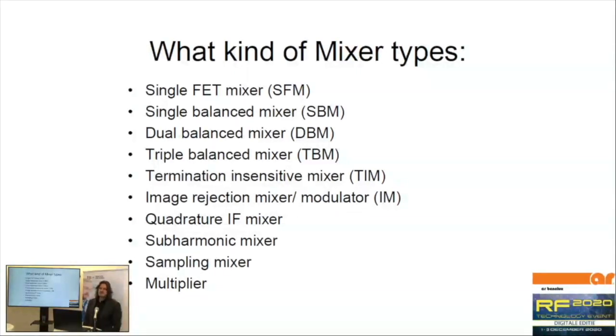That's a slightly special one, but all of those can be used in the same surroundings. Then we get to an image rejection mixer or modulator. Later on, I will talk about that a little bit more. A quadrature IF mixer, subharmonic mixer, sampling mixers, and then last but not least, a slightly strange one, the multiplier.